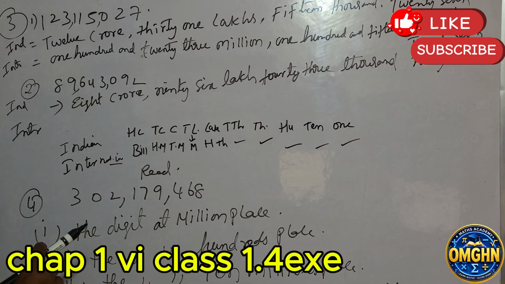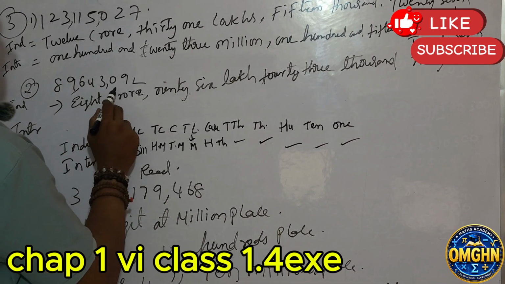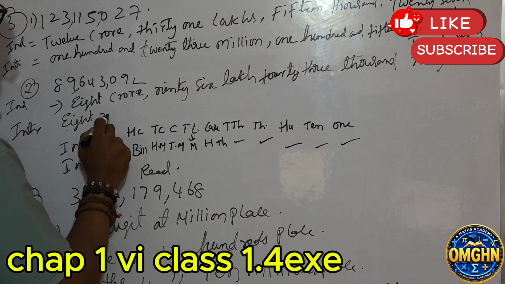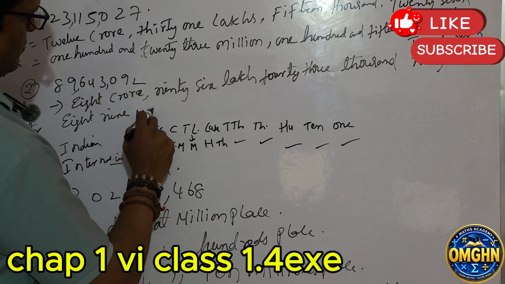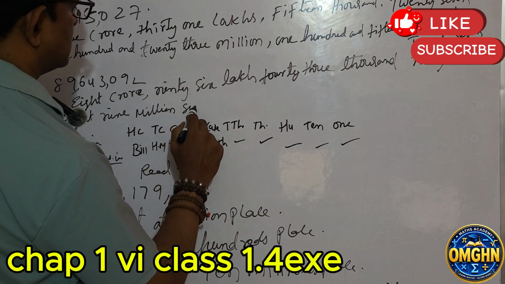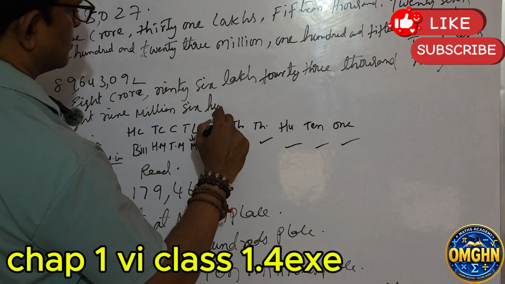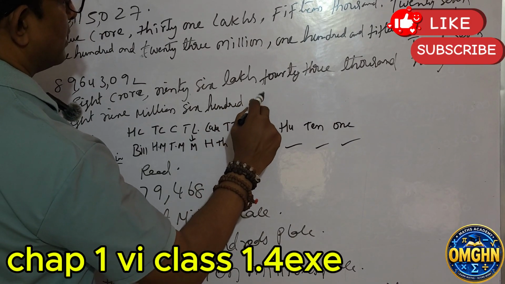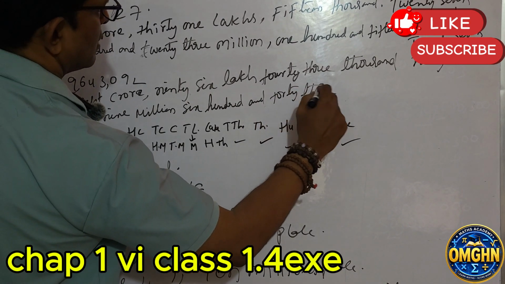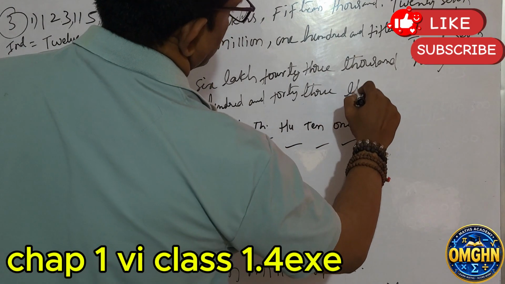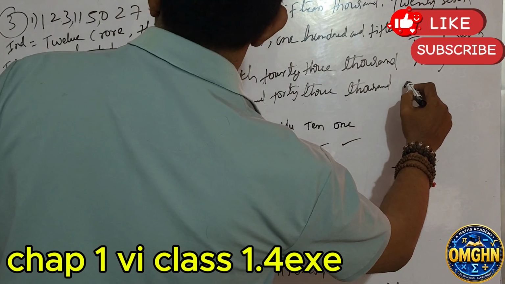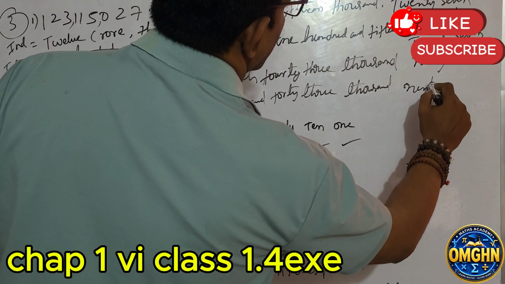Now here 89 million, million, 643,000 and 1092.